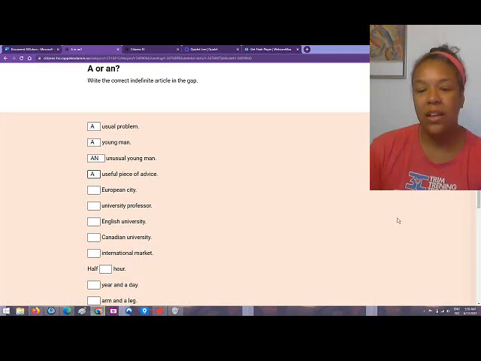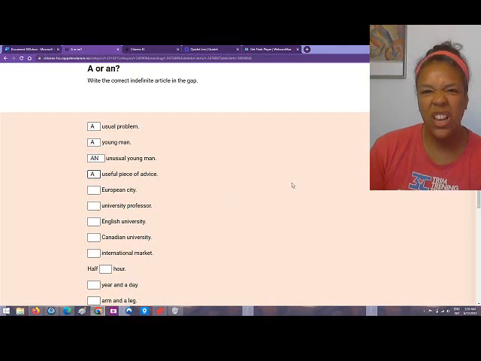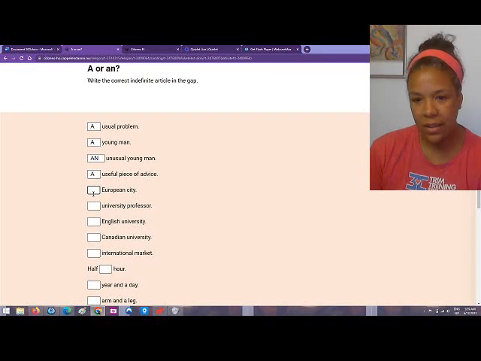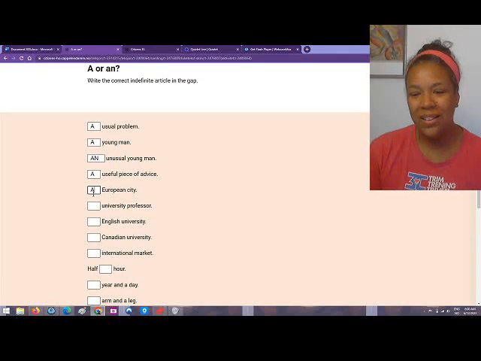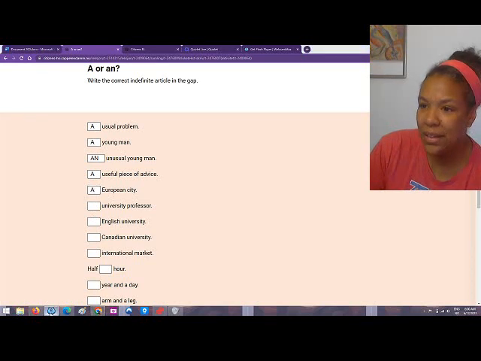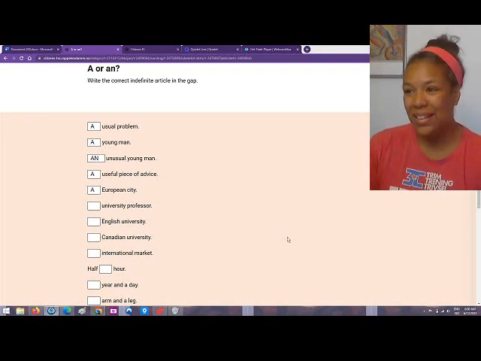A useful piece of advice. So this sound here, you always use a before it. The same thing with European, right? It's not E, but European. So a European city. Very important to pay attention to these details.